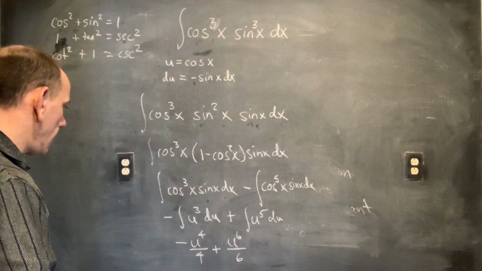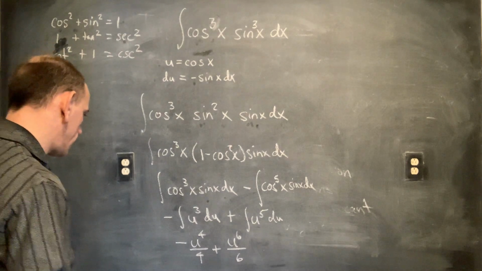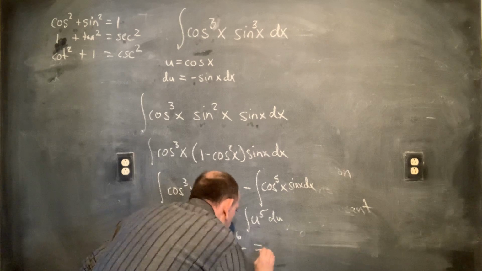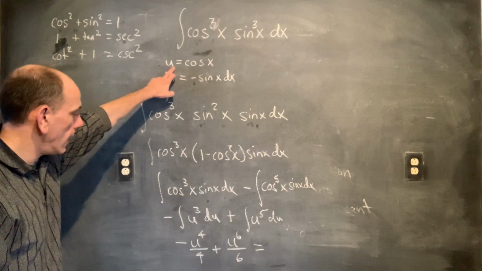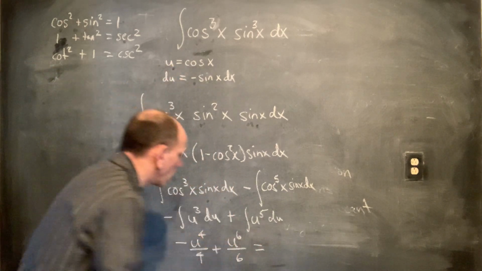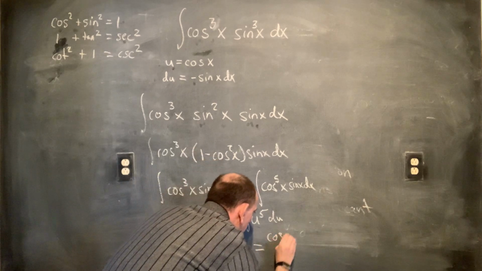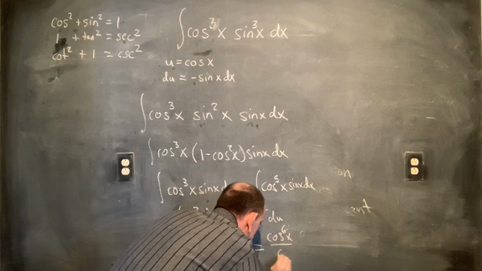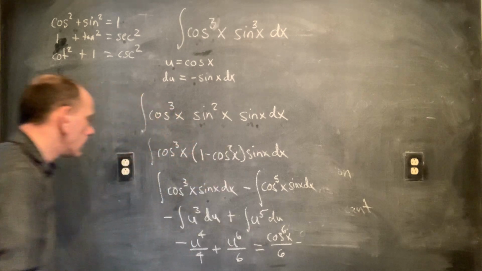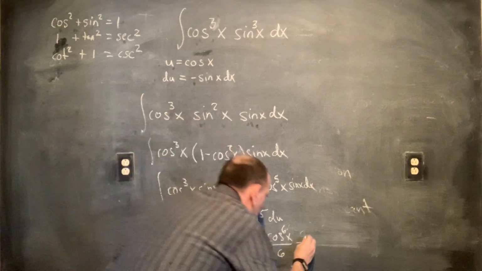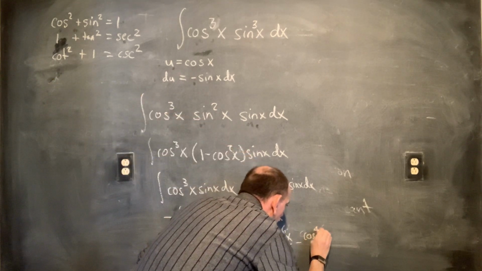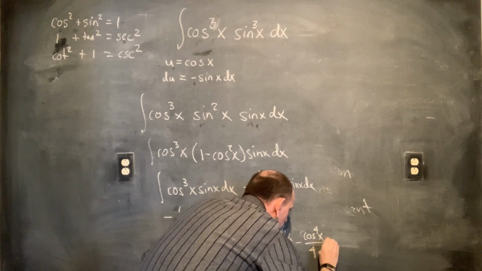I don't want to go off the screen, so let's see. My u was cosine, so we have cosine to the 6th x over 6 minus cosine to the 4th over 4 plus c.